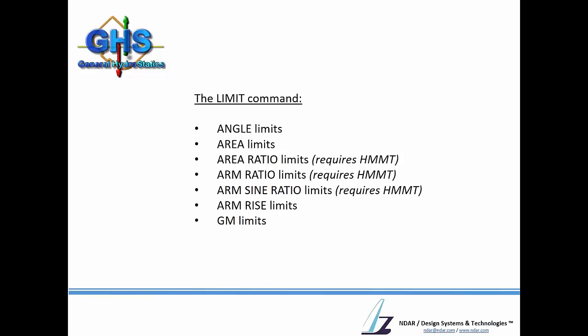GM limit is also a very typical one, so it's a check of the actual GM, whether at equilibrium or at absolute zero. Float height limits check the limit on the float height. Also inclination limits, so you can also check what your static inclination is at equilibrium.